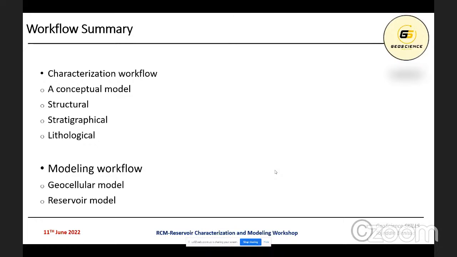First is the static model, or geocellular model, in which we put all the static data and reservoir characteristics: thickness, structural features, porosity, permeability, facies, and everything. Then a reservoir model, where we run simulation and see the flow behavior.